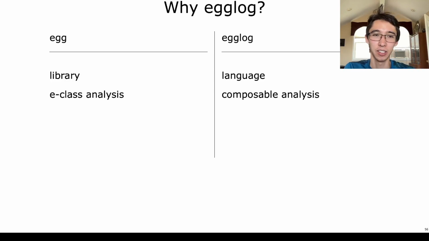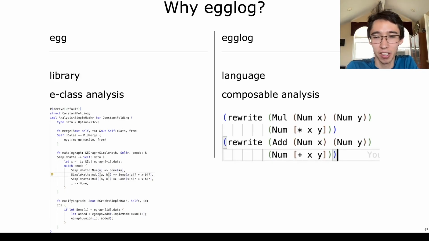Analyses, or e-class analyses as we called them in Egg, are a way to do semantic inference over the syntactic stuff in your egraph. You might write this big pile of Rust code on the left that does constant folding, and it has a make, a merge, a modify. The details aren't important, but what this does is look at the egraph and learn something semantic, in this case, how to constant fold things in the egraph.